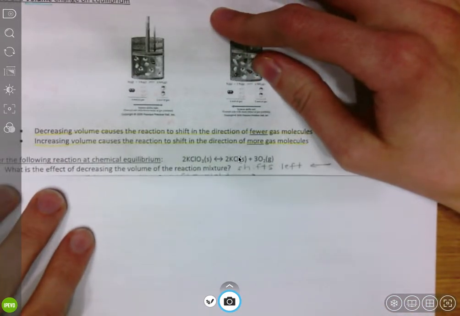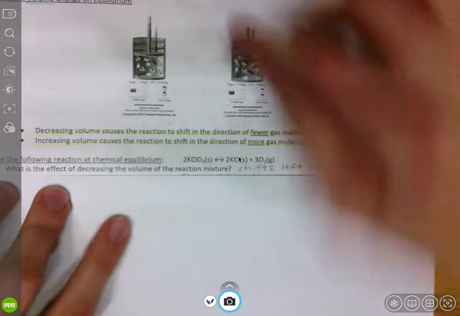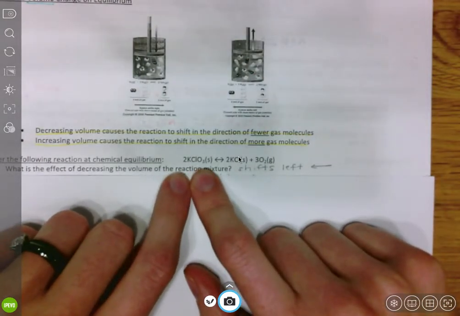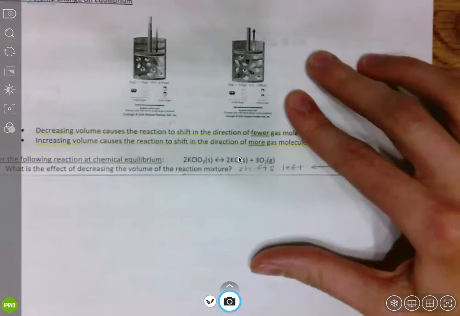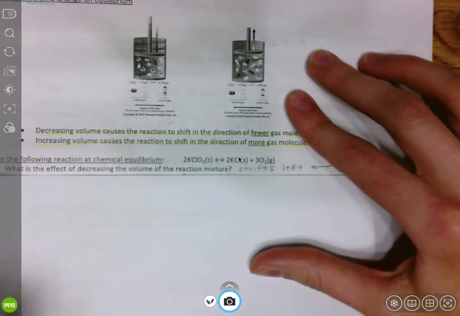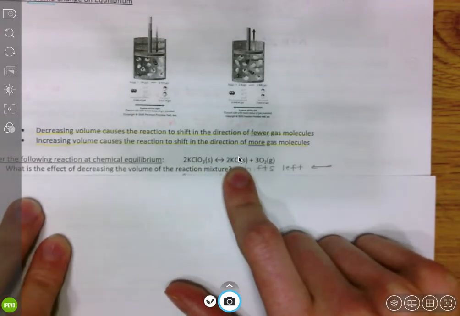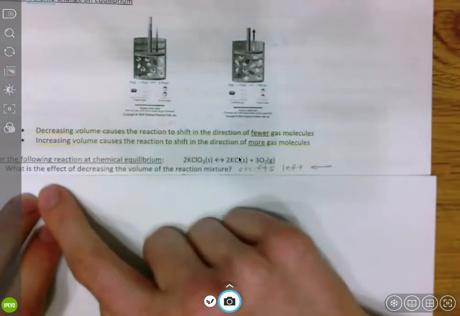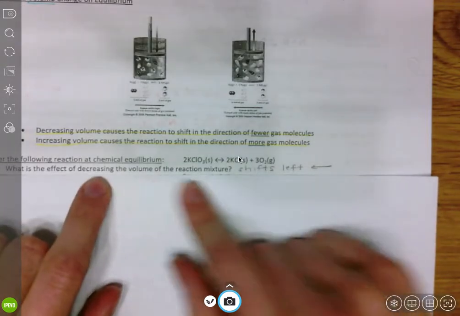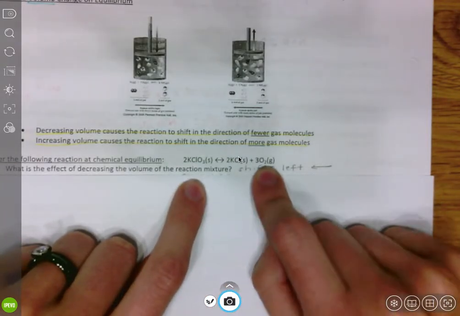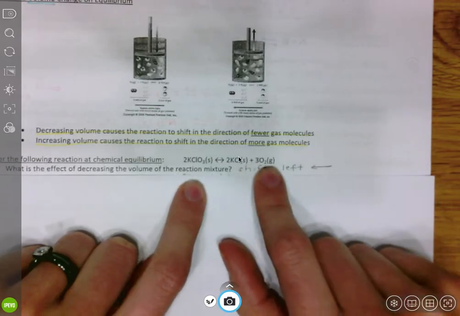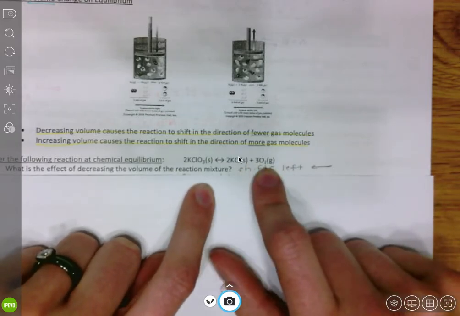So let's look at these ones. We're looking at KClO3, potassium chloride, and oxygen. So potassium chlorate solid, potassium chloride solid, and then oxygen gas. What is the effect of decreasing volume in the reaction mixture? So we have a gas over here. If we are decreasing the volume, we want to produce less gas.